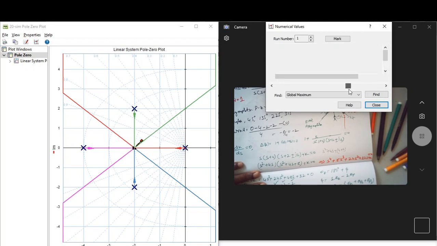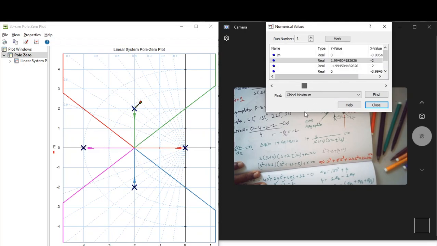So if you just come back here, they break here, and this is for a lesser value of k. As the value of k is less and less, you can see they are coming here, they break at this point and then they go like this. The breakaway point is -2, -2, -2, meaning that two will break here and the other one which is going up will again break with this.